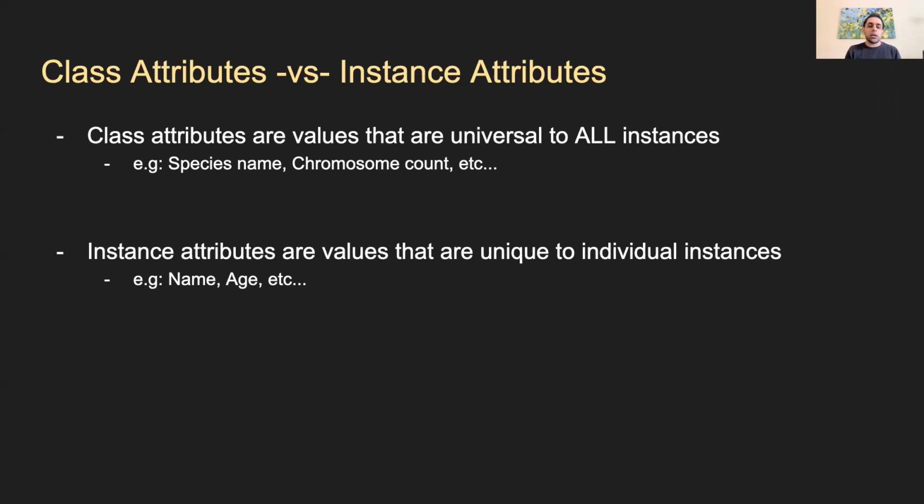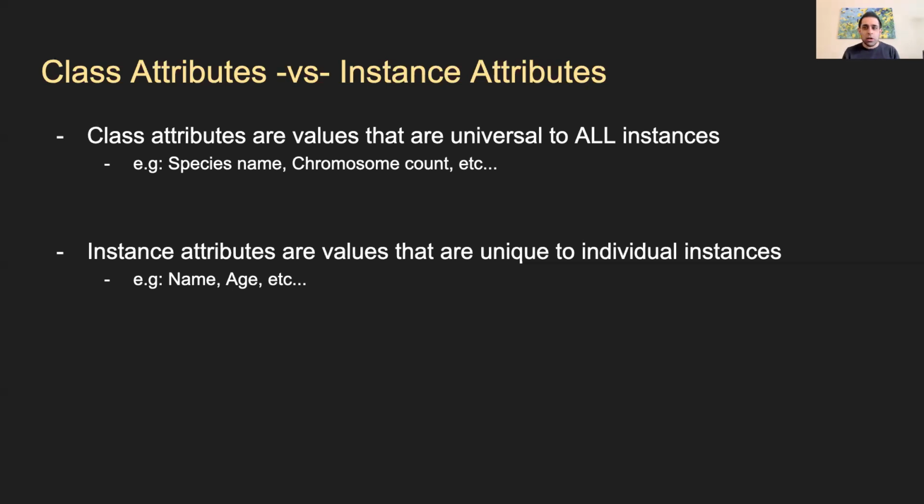And we compare that against instance attributes. Those are attributes that are unique to each individual instance or object created from that class. A good example is if we're creating a human class, or a dog class. There's a species name that's shared between all humans. We're Homo sapiens. Dogs, I actually don't know the species name for that. Apologize for that.